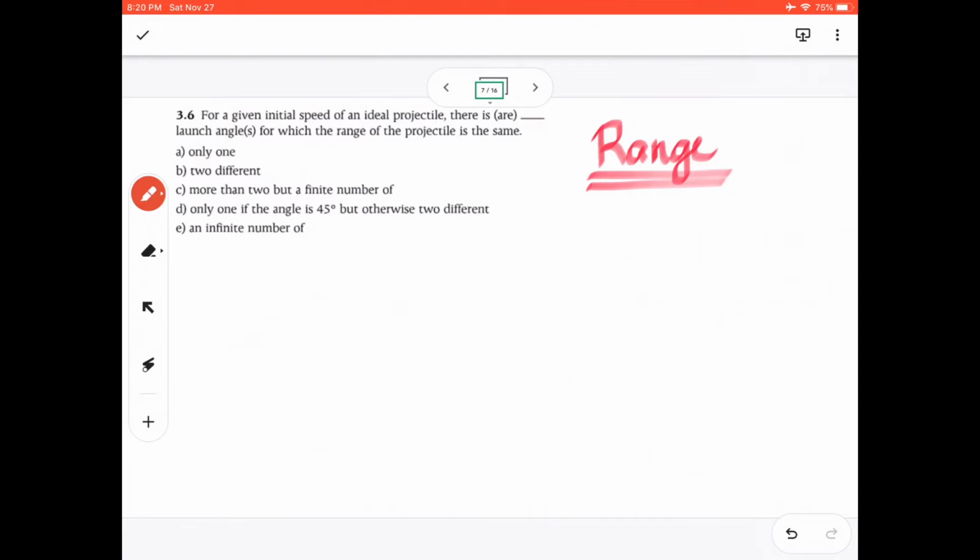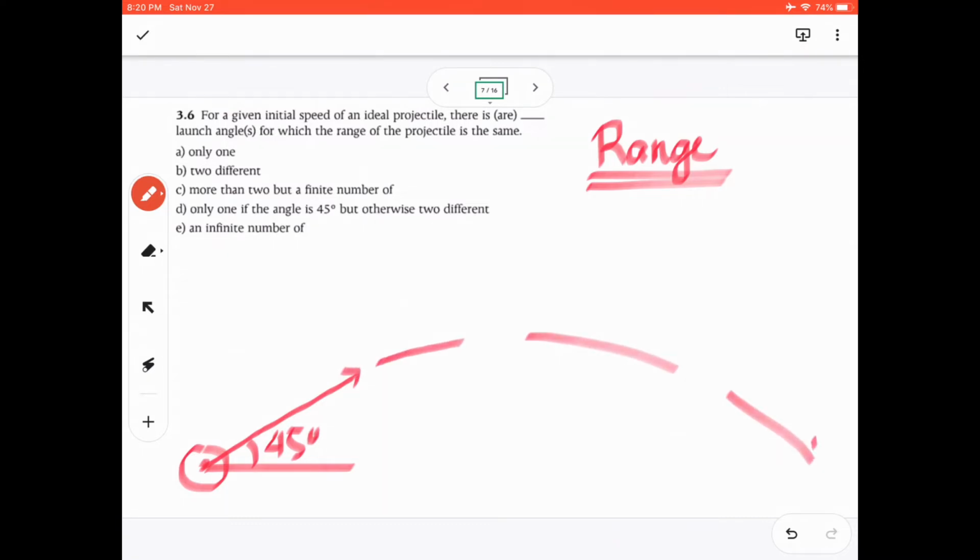One of the properties of a projectile is that if you launch it at a 45-degree angle, this angle will give you the longest range, the highest range that you can have at any mass, at any velocity, given the same initial velocity.